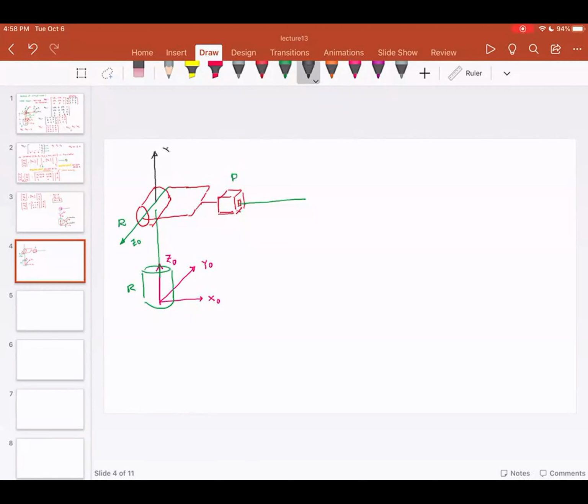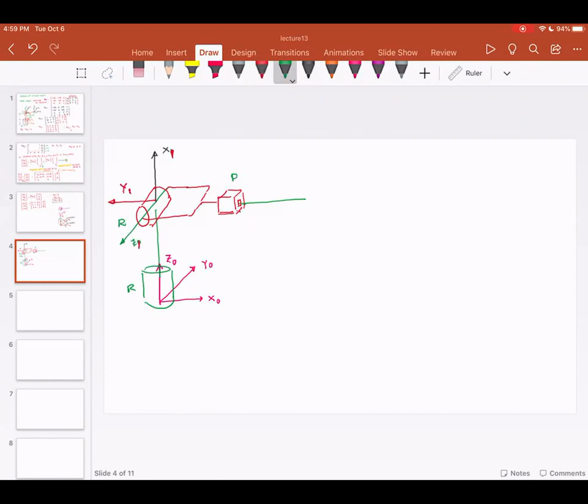So this is X naught. And then you're going to have a Y naught. So X, Z, and Y. I think when I worked out the problem before, X naught, yeah, I think I used the same coordinate systems. So this is X1, Z1, Y1.